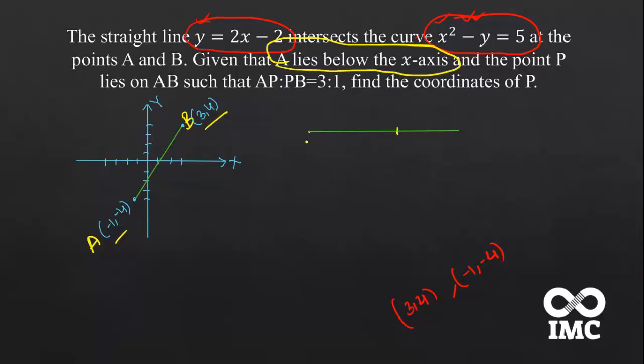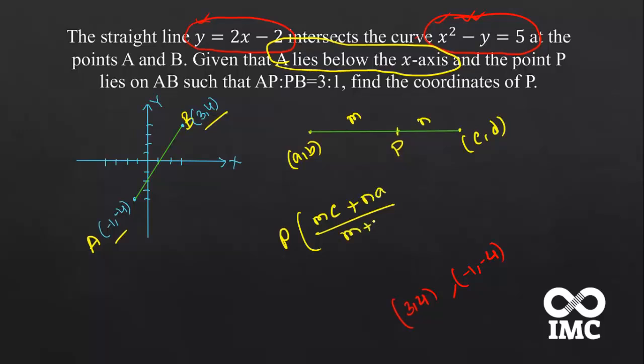Right now, by the internal section formula, suppose this one is AB, with this point and this point being C, D. If we divide this line in the ratio m to n, then by the internal section formula the coordinates of point P will be (m into C plus n into A divided by m plus n, comma, m into D plus n into B divided by m plus n).